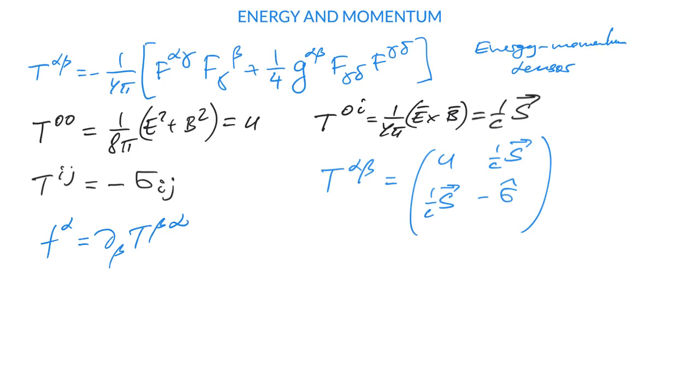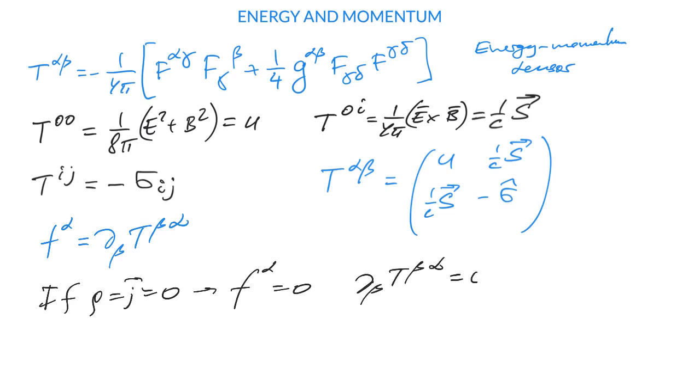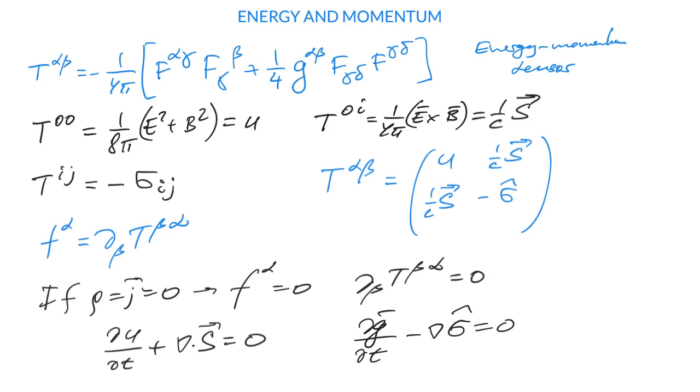In the absence of charges and currents, so if ρ and j are all 0, that means f^α is also 0. So we have the continuity equation for the energy and momentum of the electromagnetic field, and in components it can be written as ∂u/∂t plus ∇·S equals 0, and the space-like components will give ∂g/∂t minus ∇·σ equals 0, where g is the vector that we introduced before.